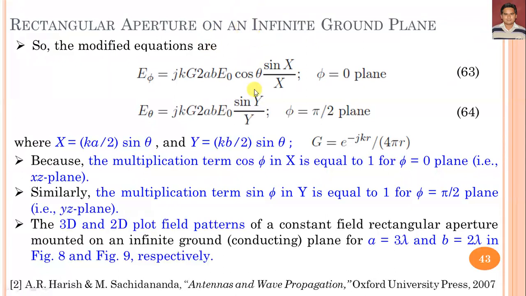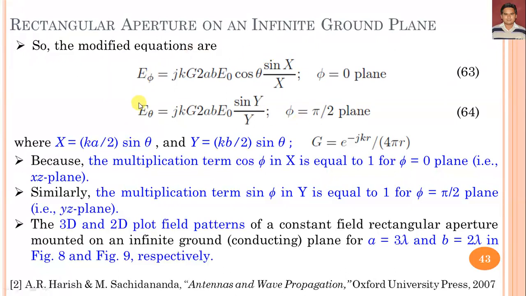You can see at phi equals 0 plane, in free space we get the E of theta component, and at phi equals pi by 2 plane we get the E of phi component. But here you are getting the reverse electric field equations. So at phi equals 0 degree plane, you get E of phi, and at phi equals pi by 2 you get E of theta.